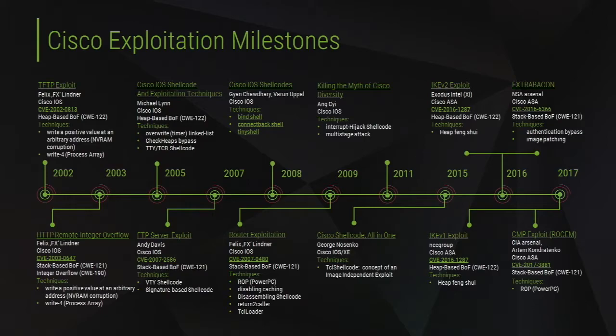This year, the CIA Vault 7 leak occurred. The leaked information included a description of the ROCEM tool, an exploit for a vulnerability in the cluster management protocol.